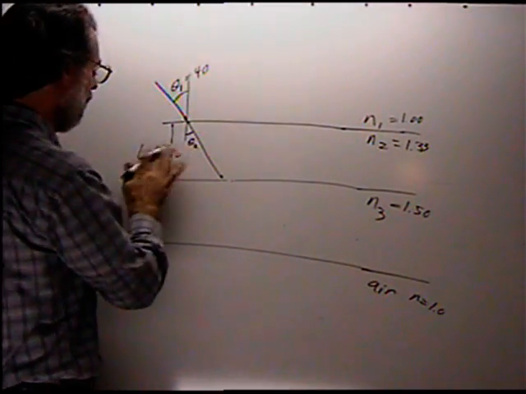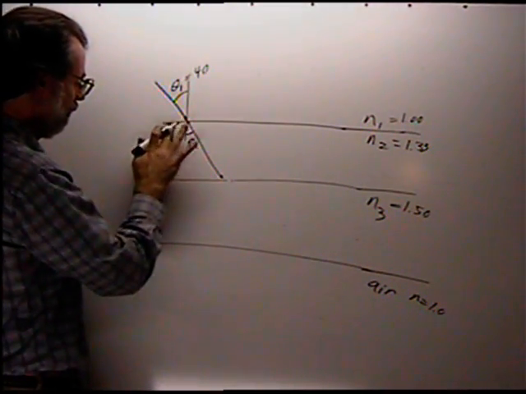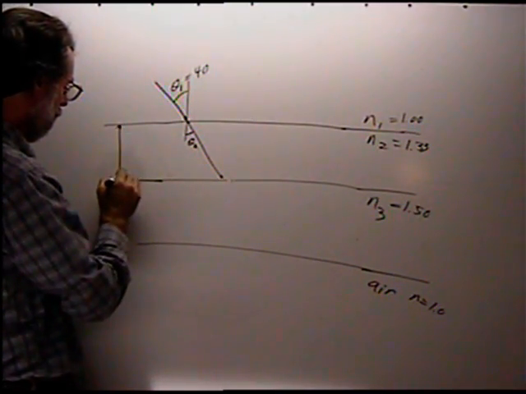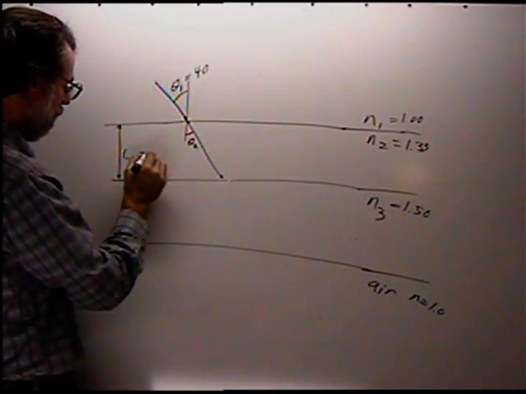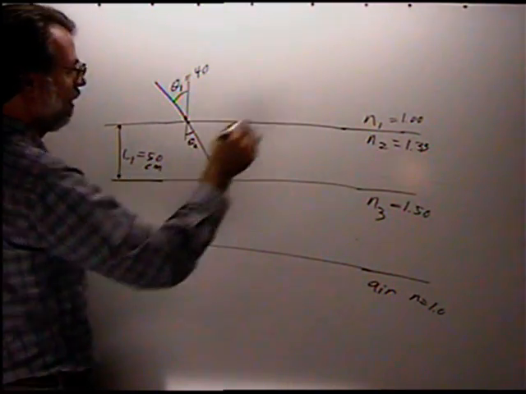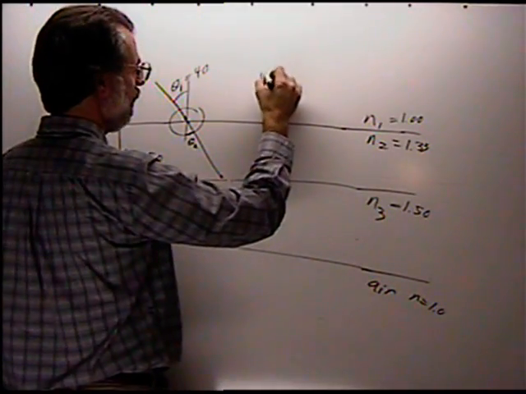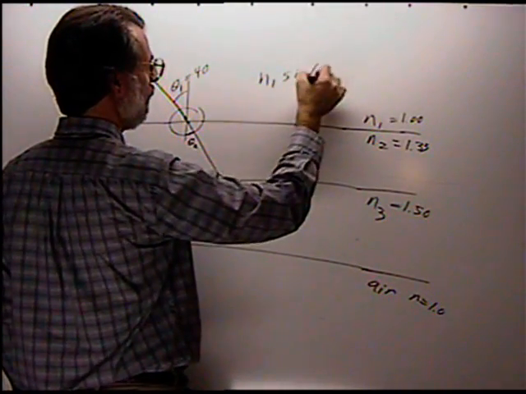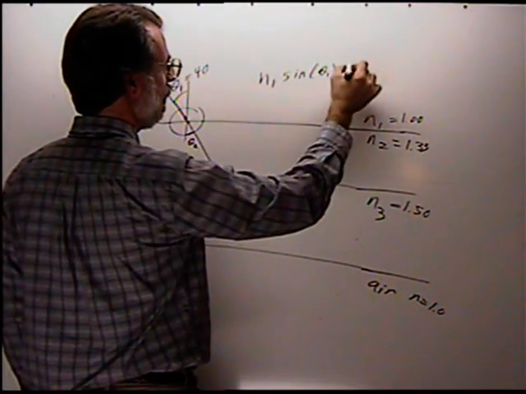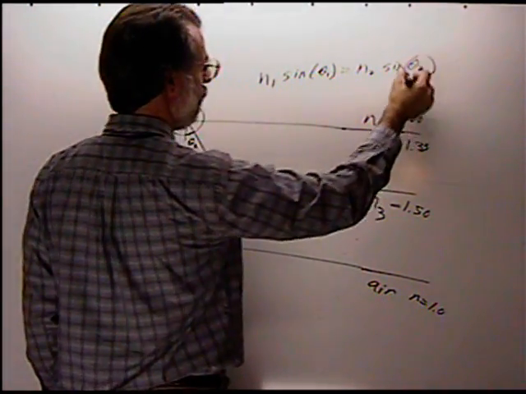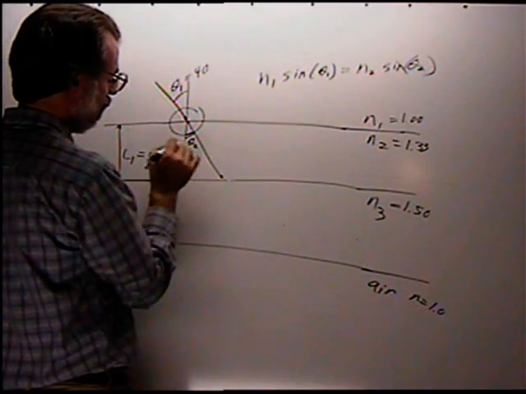Now we can find theta 2 again. We would use Snell's law, apply Snell's law right here. N1 sine of theta 1 equals N2 sine of theta 2. So we should be able to solve for this angle right here.